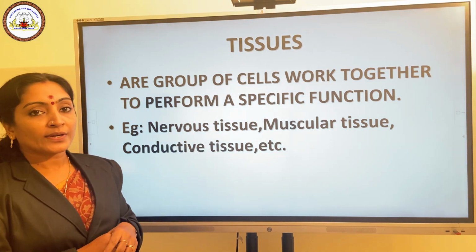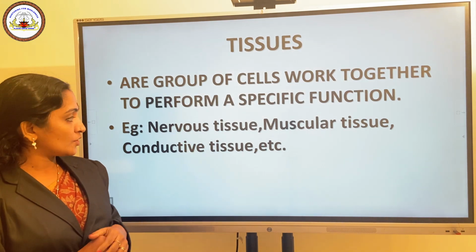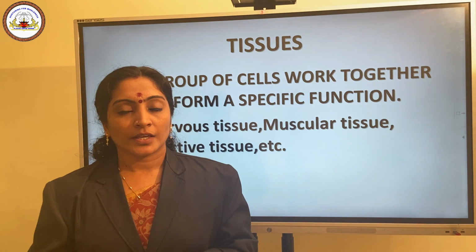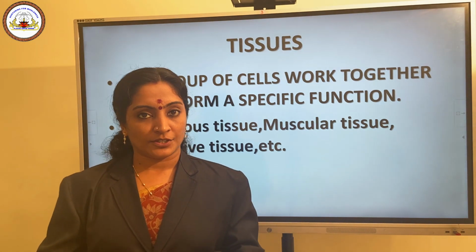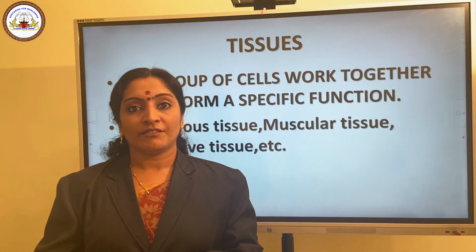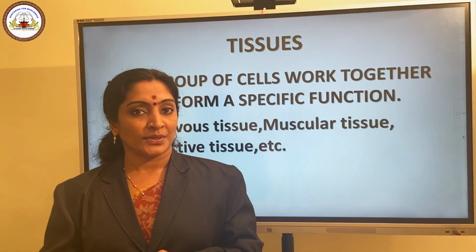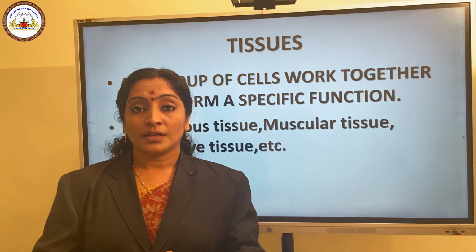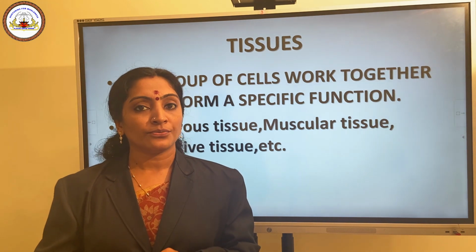These are the different types of tissues like nervous tissue, muscular tissue, conductive tissue, etc. In biology, there is a specific branch which deals with the study of tissues, and that branch is called histology. So what is histology? Histology is a branch of biology, or branch of science, that deals with the study of tissues.